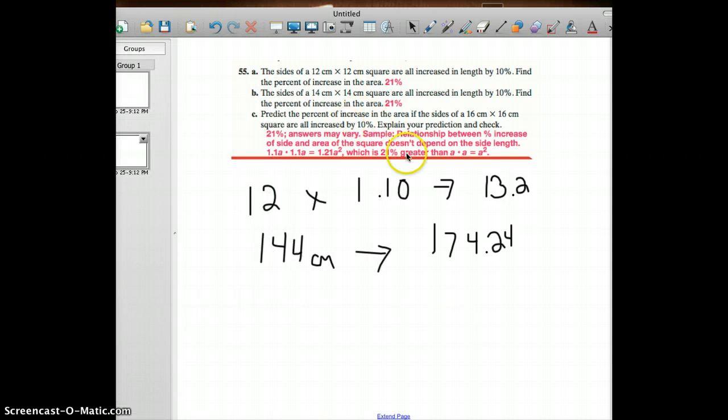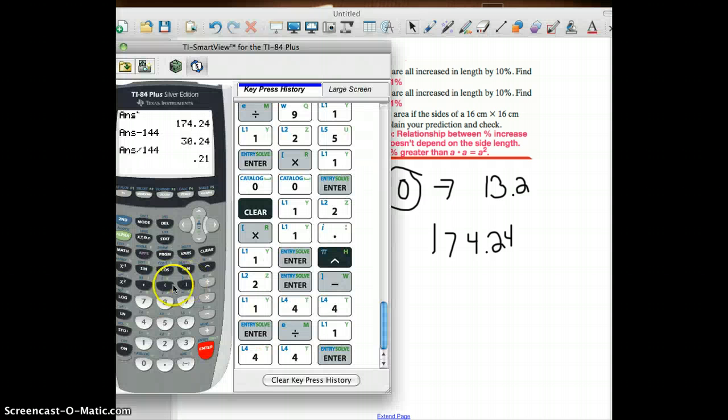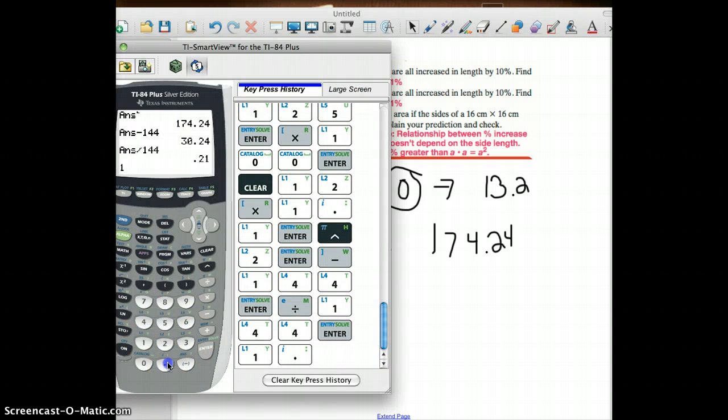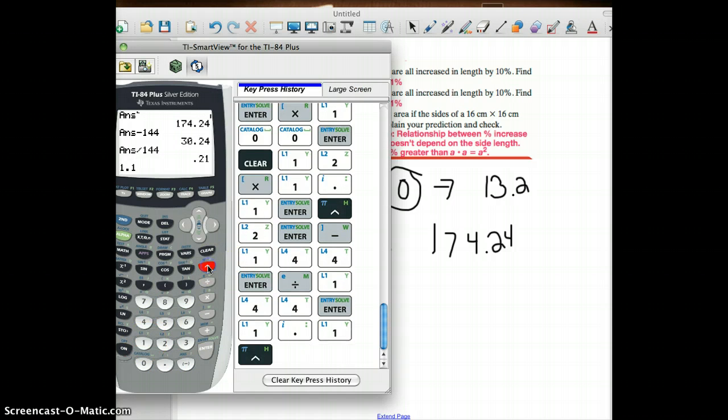Now the question is, why are we always getting this 21% increase? Well, if you think about it, it all has to do with multiplying by this extra 10%. If you just assume your side is x and you multiply it by 1.10, and then you end up squaring the whole thing, well, what is 1.1 squared?